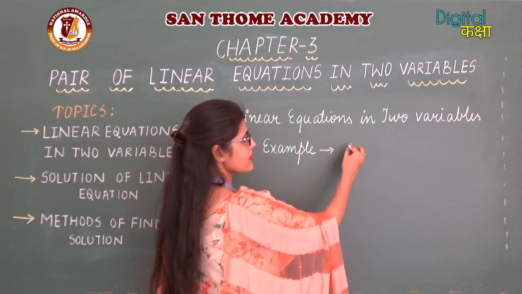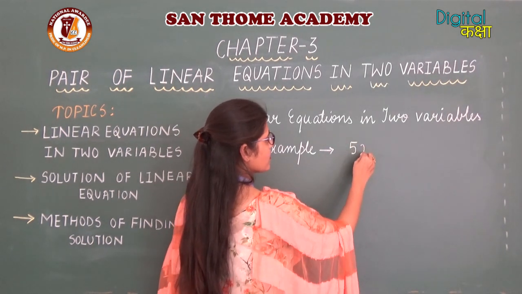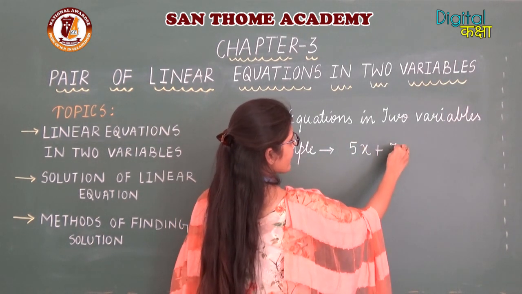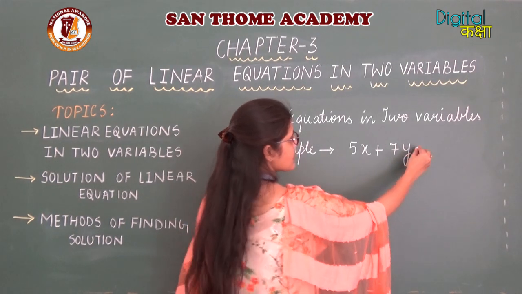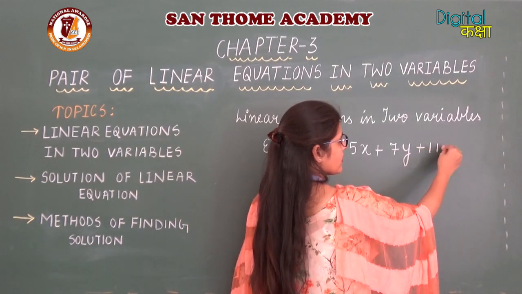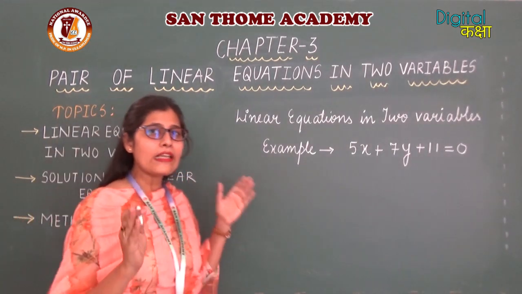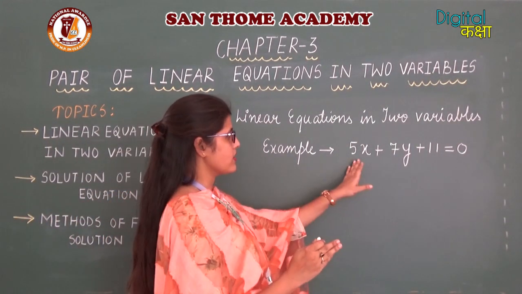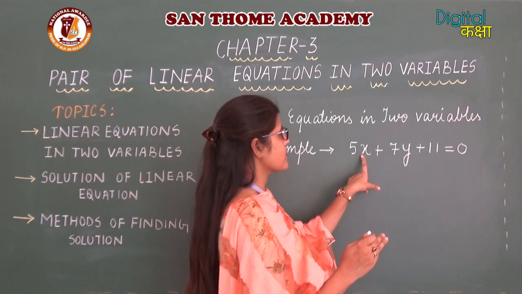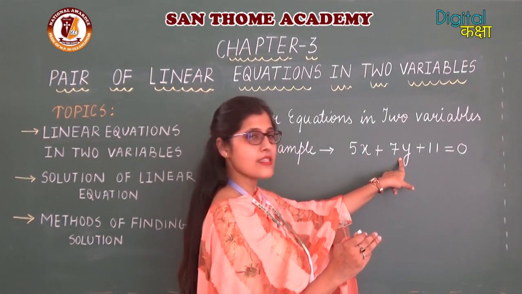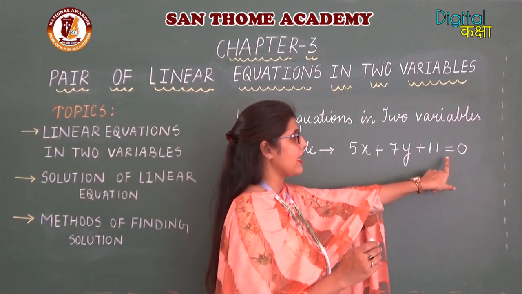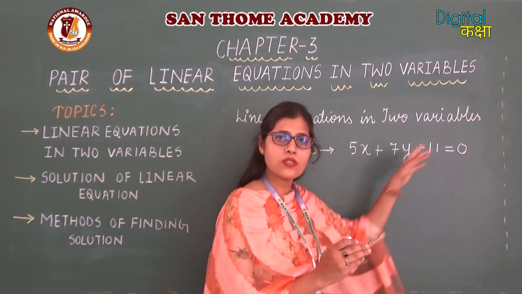The example is 5x plus 7y plus 11 equals to 0. The example of linear equation in two variable is 5x plus 7y plus 11 equals to 0.